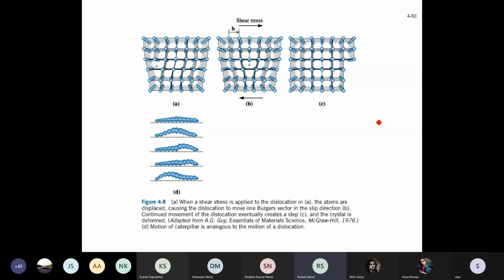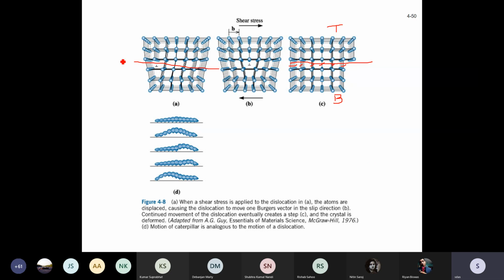Forget about the extra half plane here: if the top portion of this crystal glides over the bottom portion, this bond, this bond, this bond, this bond, this bond, this bond have to be ruptured at the same time.